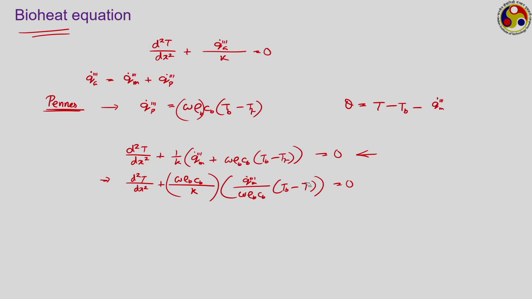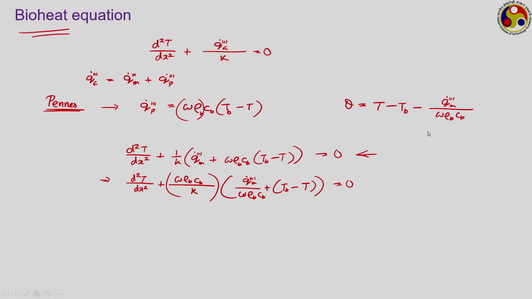This Tt is actually the temperature that we are trying to identify, because this tissue temperature is our objective. So, let us drop the subscript Tt. Then we can write this one as Tb minus T minus Tb minus q dot m triple prime into the entire part that we just had, q dot m triple prime by omega rho b Cb.